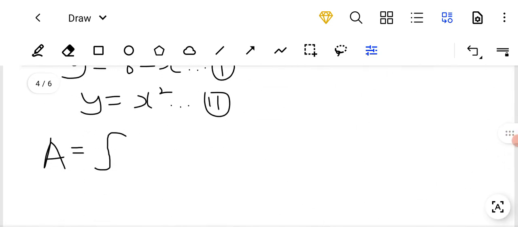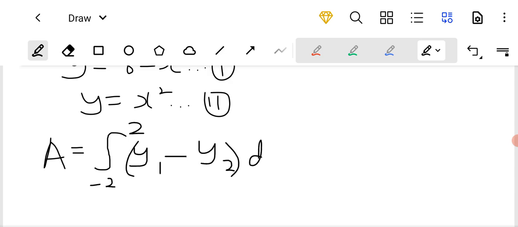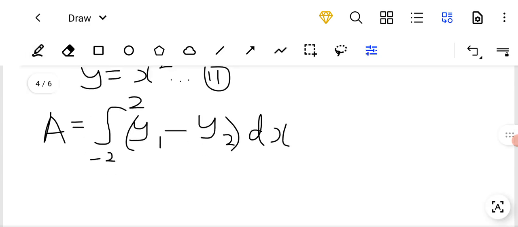So integral from negative 2 to positive 2 of the first function, which we can call our y1, which is the top one, minus y2. This is with respect to x.